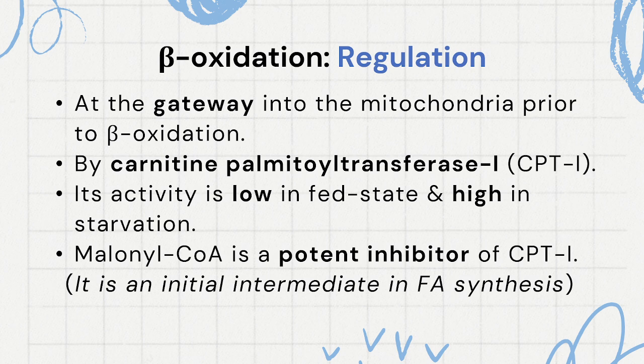How beta oxidation is regulated at the gateway into the mitochondria prior to beta oxidation, where we have carnitine palmitoyl transferase 1. Its activity is low in the fed state and high in starvation, which makes sense. In starvation, you need energy, as there is no feeding and the glycogen stores are already consumed.